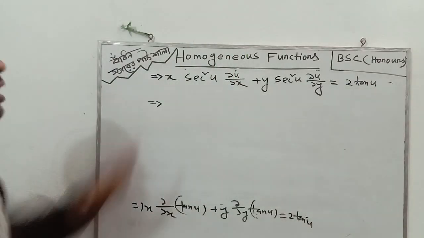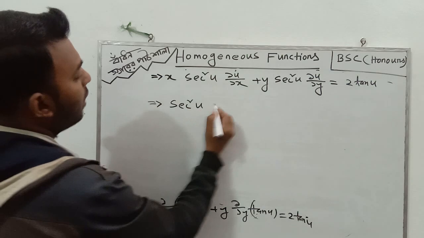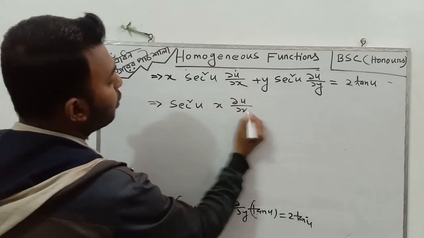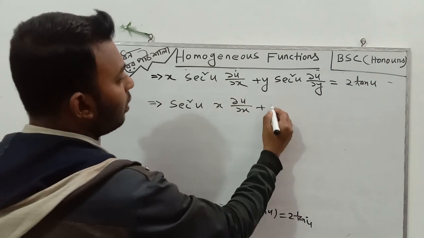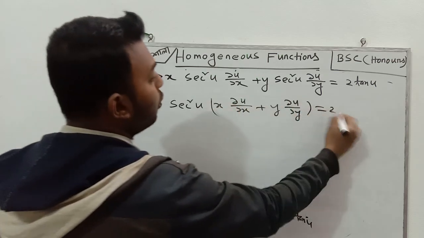From here taking sec square u common, sec square u times x del u del x plus y del u del y is equal to 2 tan of u.